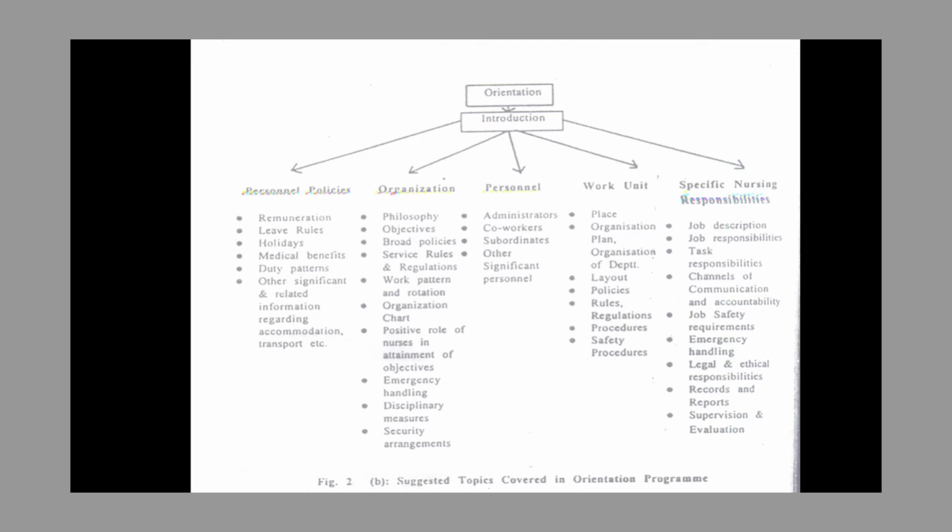Then personnel means who all are the workers there, from the organization chart. Then the work unit where they are going to be placed, and departmental layouts, policies. Then specific nursing responsibility means what is their task, job description, and what are the ethical and legal responsibilities, to whom they have to be responsible, hierarchy, everything is there in the orientation program.